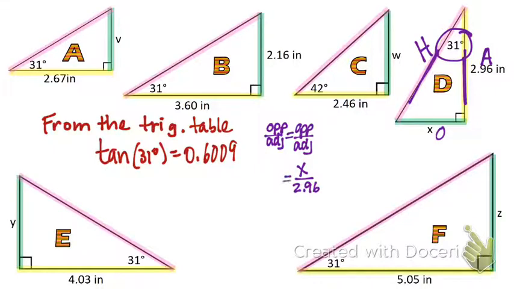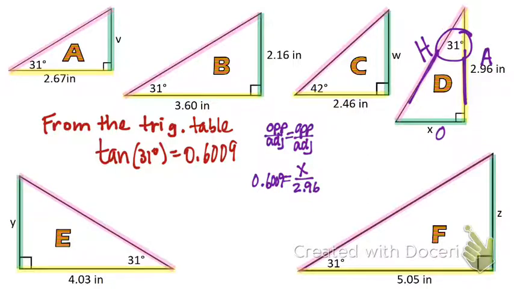And in our triangle, triangle D, the opposite is X and the adjacent is 2.96. Normally, we'd be looking to a second triangle to try to find out what its opposite side and its adjacent side was. But since the trig table told us that every single 31-degree right triangle has an opposite over adjacent that is equal to the decimal 0.6009, instead of looking towards a second triangle, we just look at the trig table and we know that X divided by 2.96 is going to equal 0.6009.